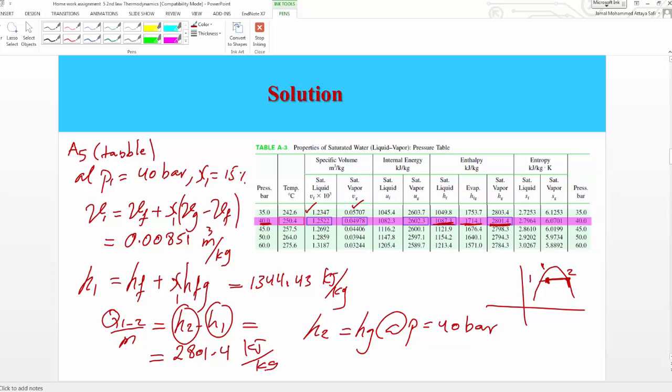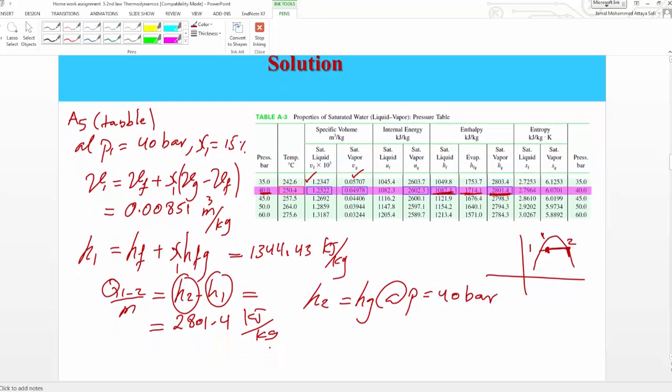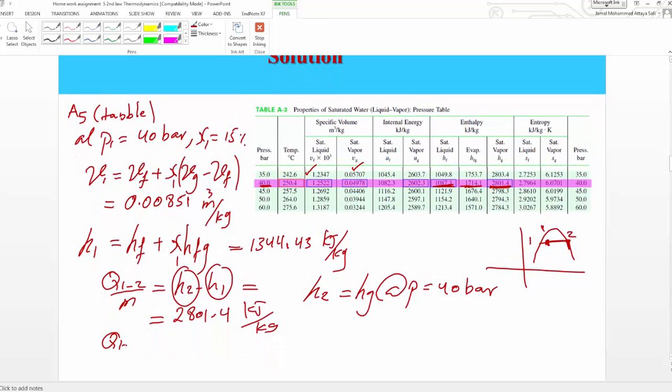I read this from the table, of course. And to find Q, so Q1 to 2 divided by M in this case will equal H2 minus H1. You already have, so this is H2 and this is H1.